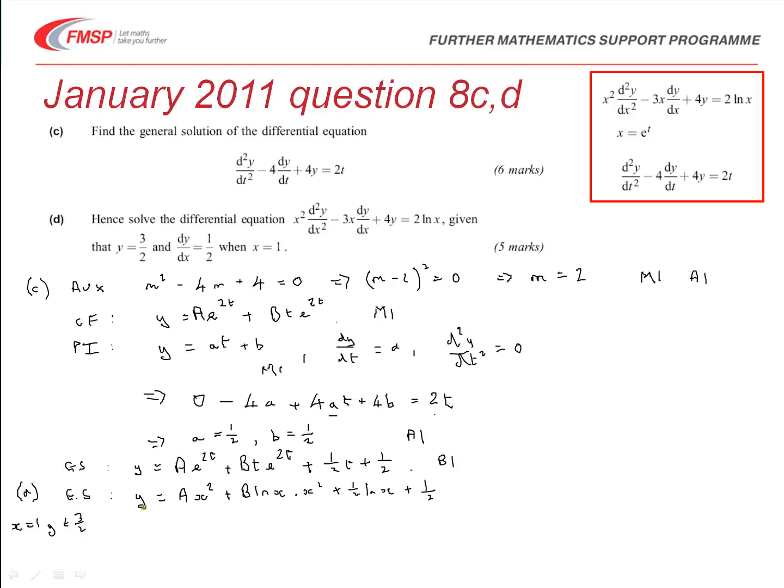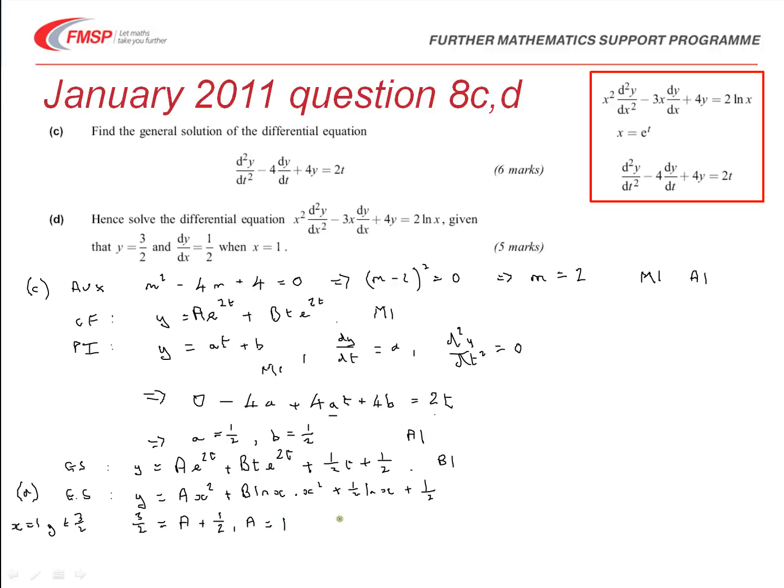So if we substitute those in, we're going to get 3 over 2 is equal to, well, x is 1, so that makes us a. Log of 1 is 0, so that second term disappears. Again, half a log of 1 is 0, so we just got a plus a half at the end. So that tells us that a is equal to 1.